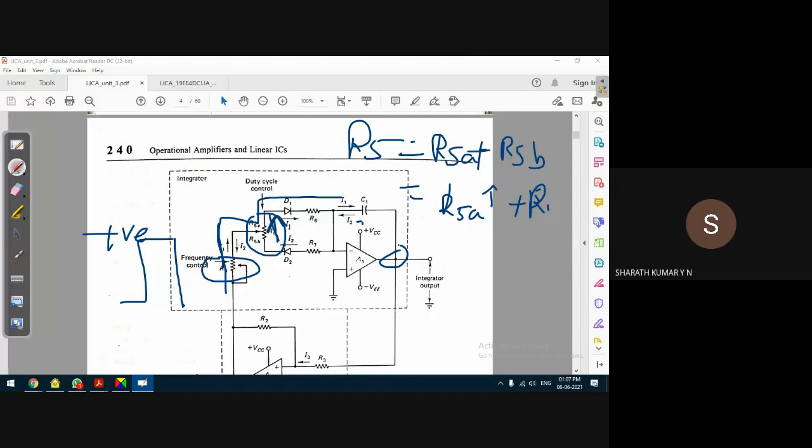If R5 is at the lower end, then R5A is lower and R5B is higher.